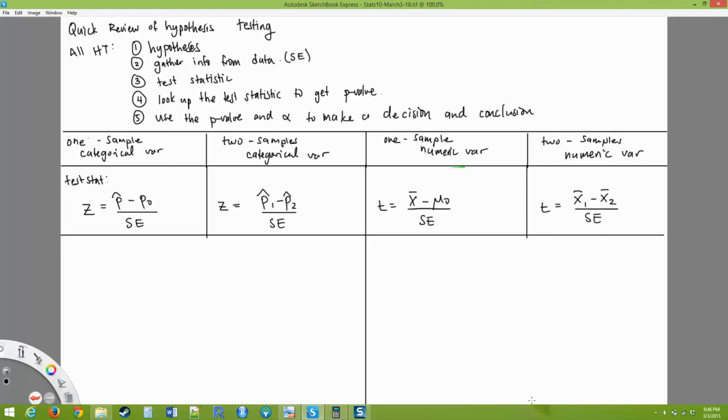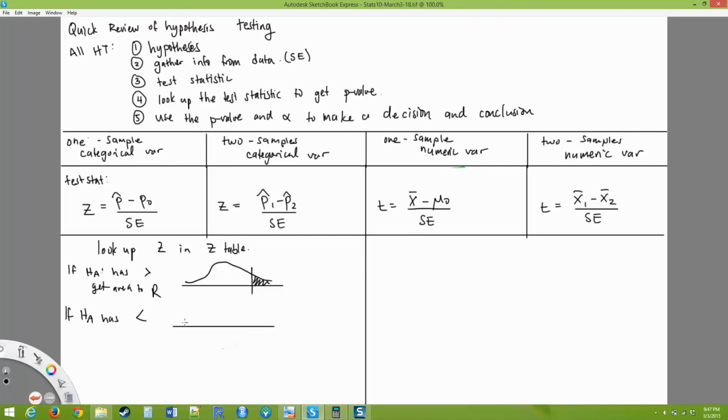So over here, you look up Z in the Z table. If the alternative has greater than, get the area to the right. If the alternative has less than, get the area to the left. Good.